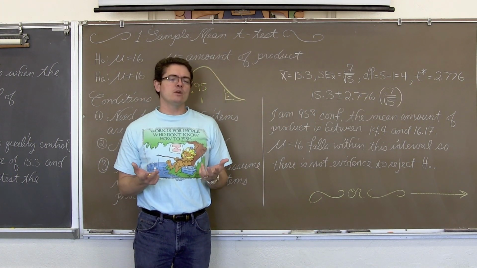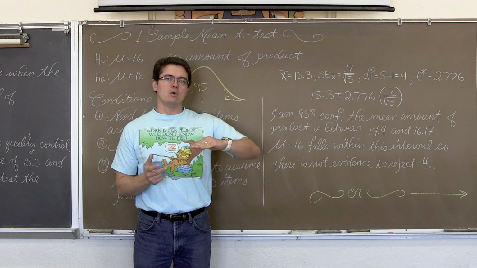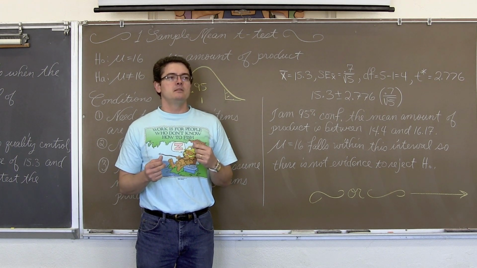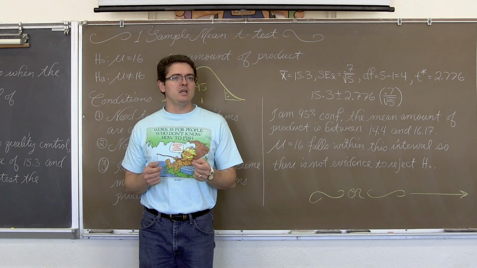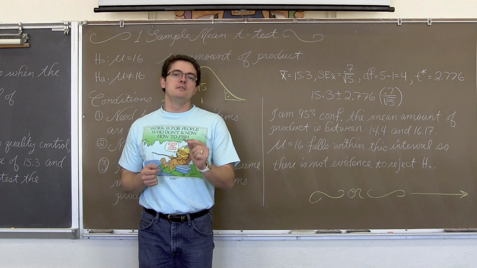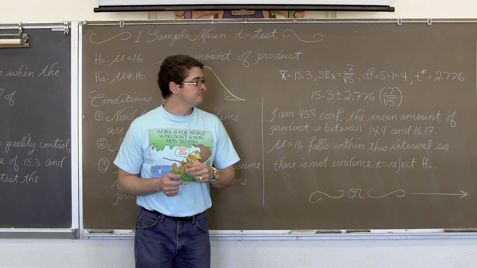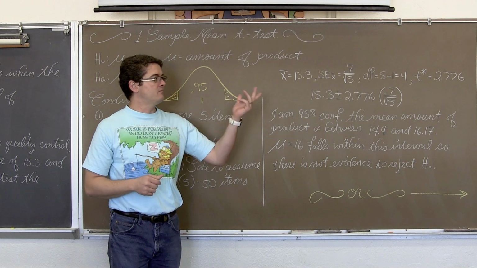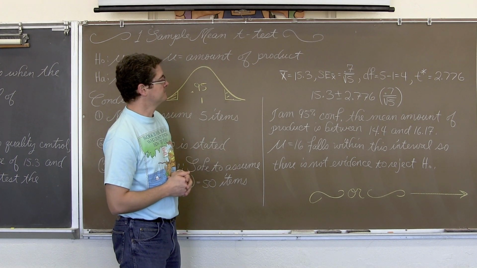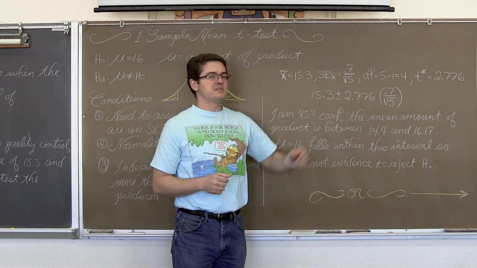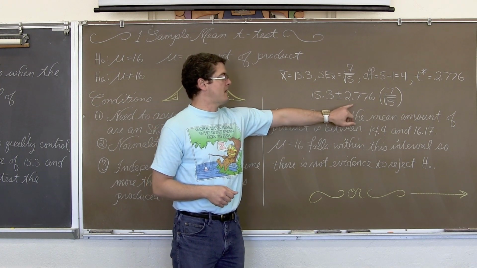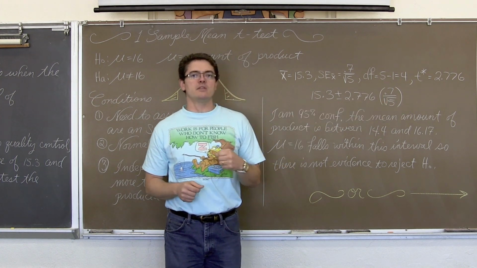Again, if you have a degree of freedom that's not on your chart, you want to go up the chart. You want to use the largest degree of freedom that is smaller than your calculated degree of freedom. But we have a DF line of 4, and thus t-star is given. And how do you set up a confidence interval again? It's estimate plus or minus critical value times standard deviation of the estimate.